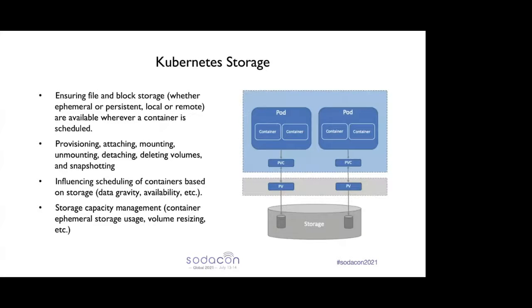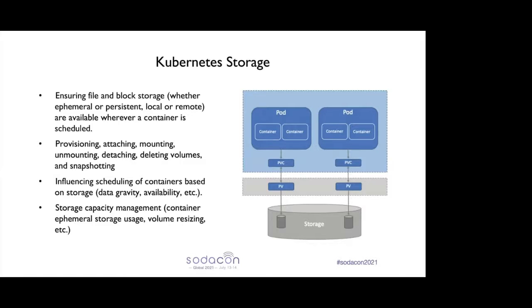Kubernetes SIG storage scope is in the storage control plane. It provides a way for containers in the pods to consume block or file storage. This can be persistent storage that lives beyond a pod's lifecycle, or it can be ephemeral storage, which becomes available when the pod is started and goes away when the pod goes down.